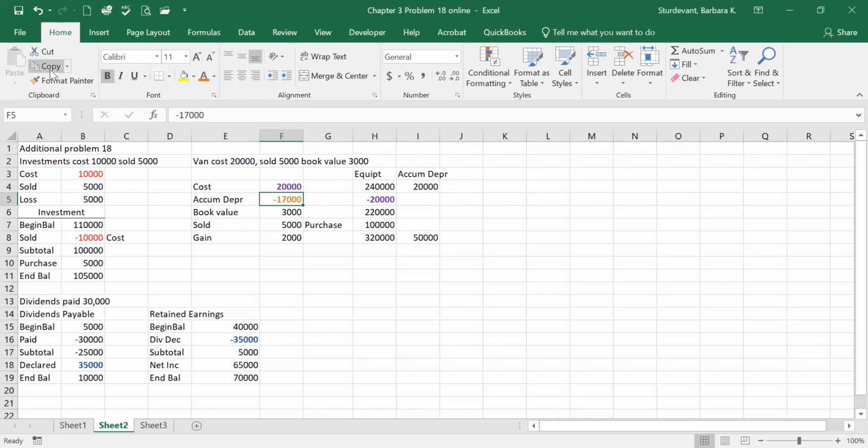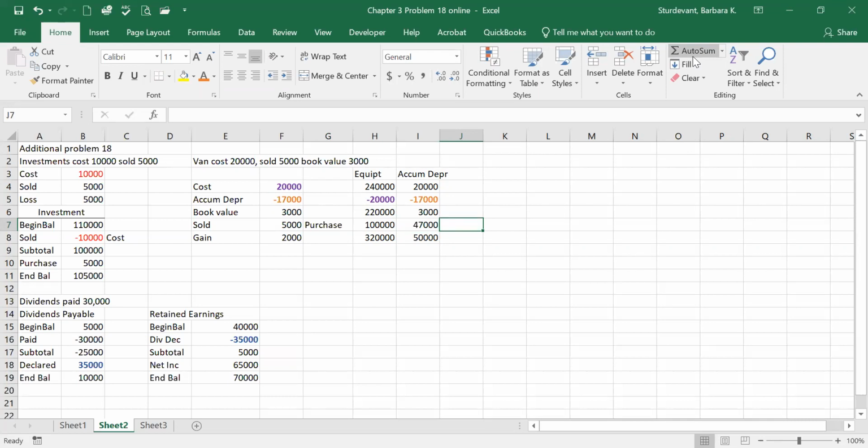So I'm going to take that, go over here, and I'm going to subtract that off the books, which gives me a subtotal of 3,000. To go from 3,000 to 50,000, I have to add what number? 47. Okay.